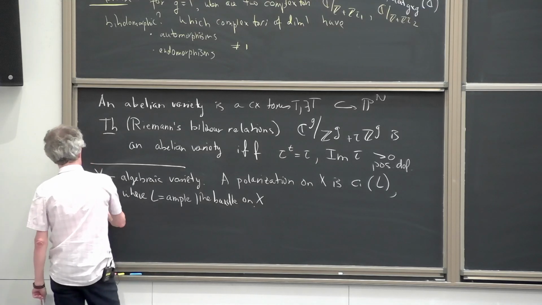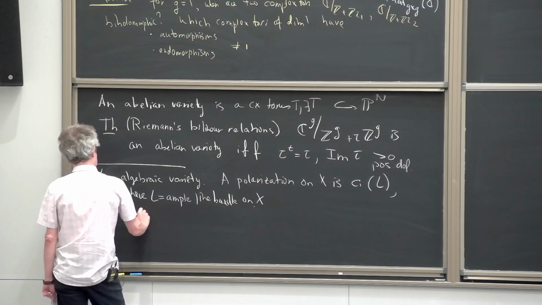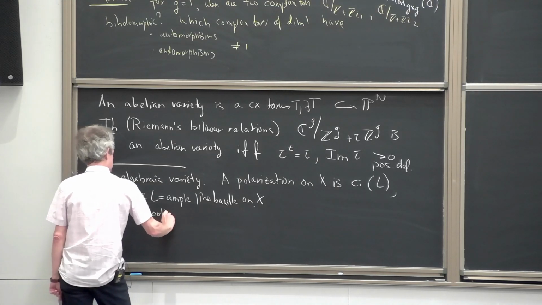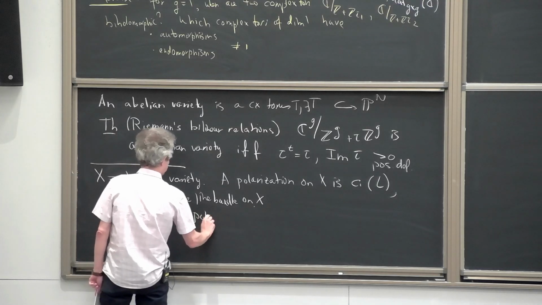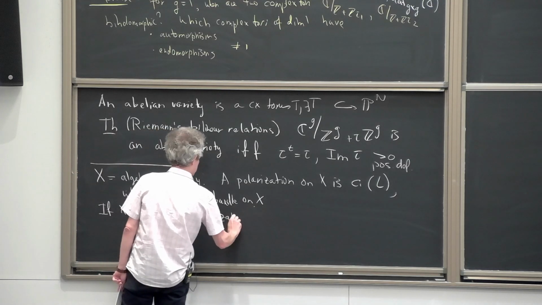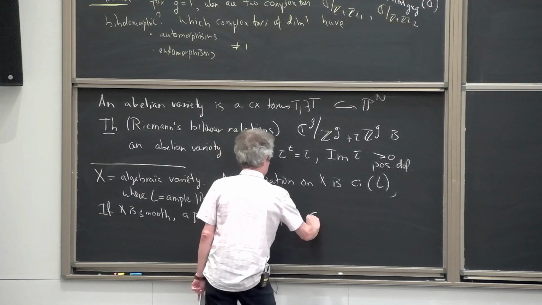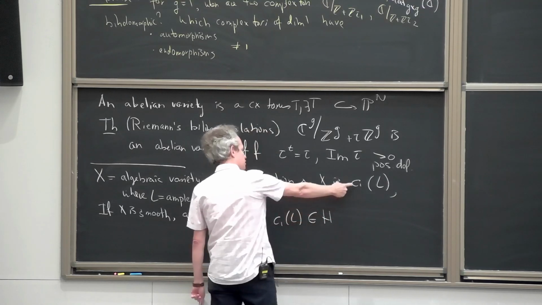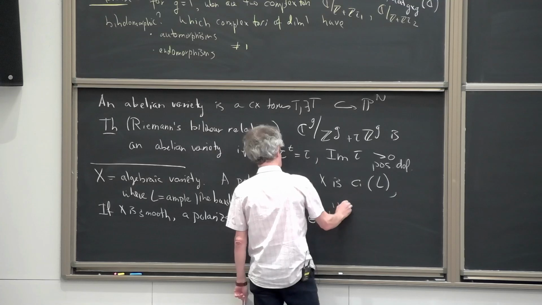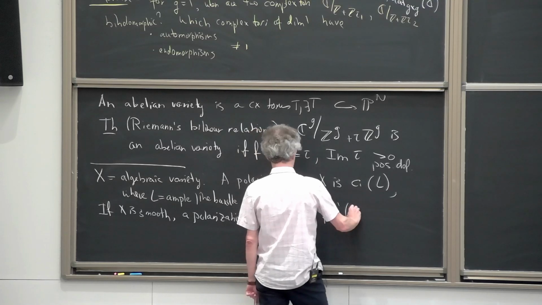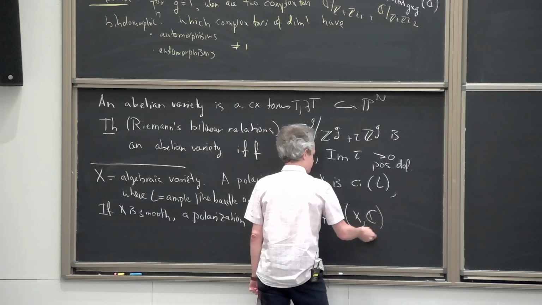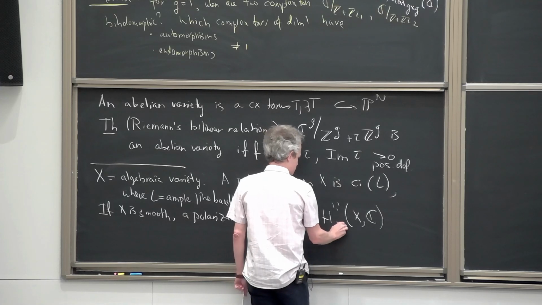But I want to say that if X is smooth, a polarization is just a class, C1 of L, which is a Chern class of a complex line bundle. So it's going to sit in H^{1,1} of X with complex coefficients, which is positive.